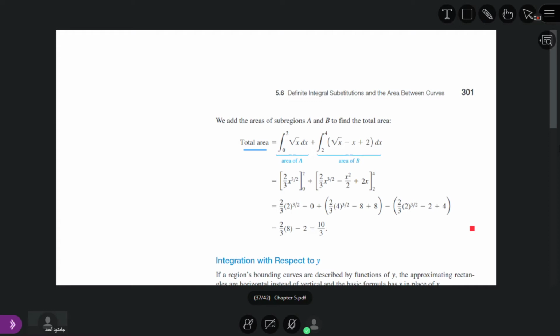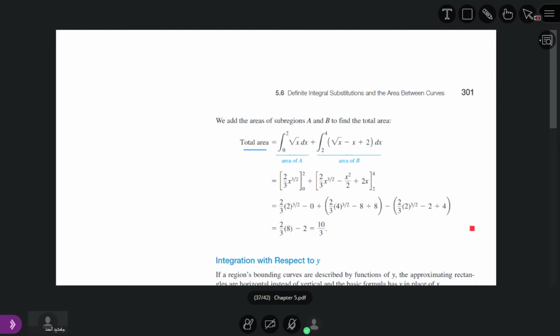From 0 to 2, f of x minus g of x is equal to square root of x. And from 2 to 4, f of x minus g of x is equal to square root of x minus x plus 2.